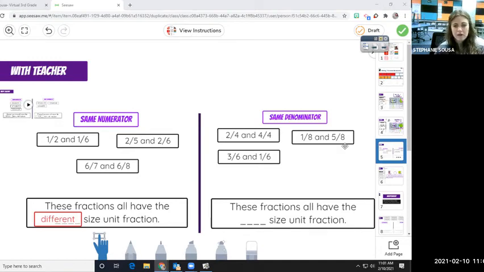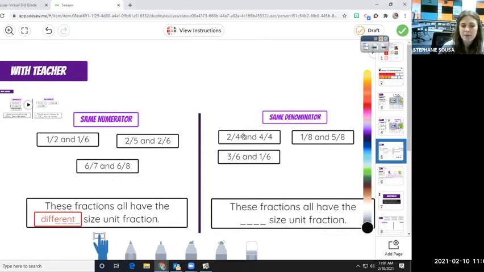Okay. Now we're looking at same denominator. When fractions have the same denominator, 2/4, 4/4, 1/8, 5/8, 3/6, 1/6, they have the same sized unit fraction.